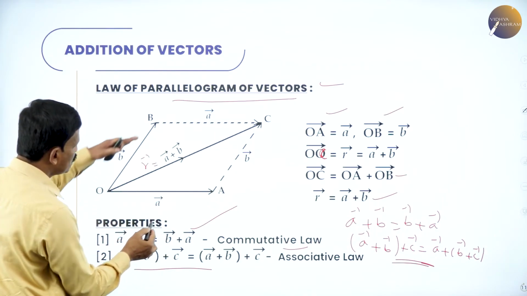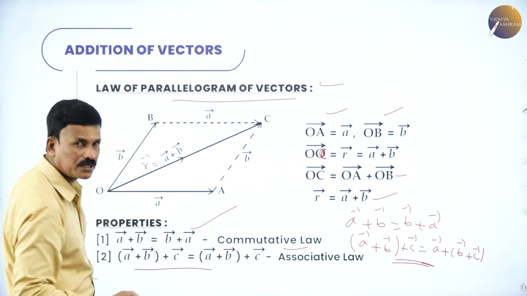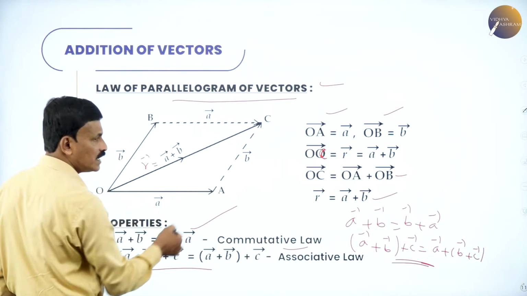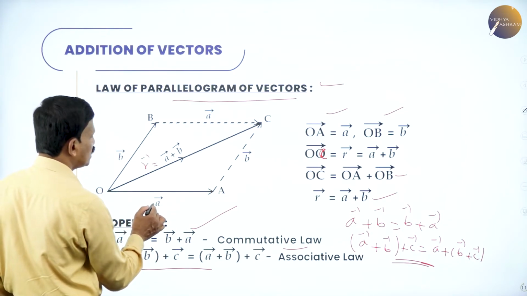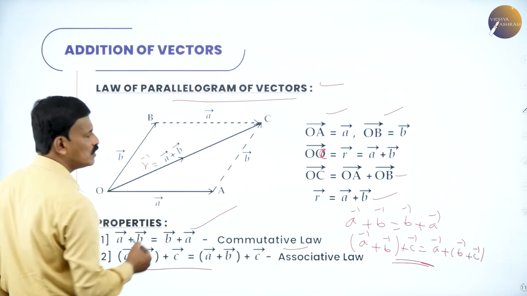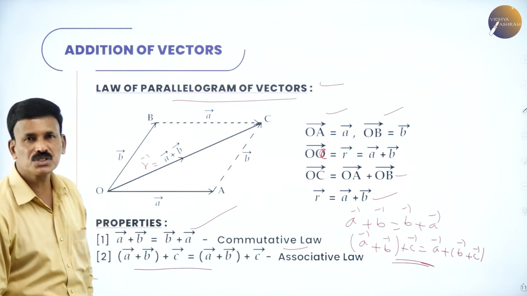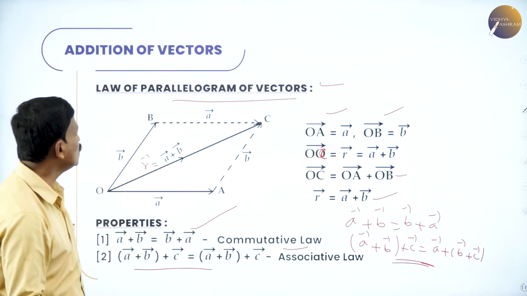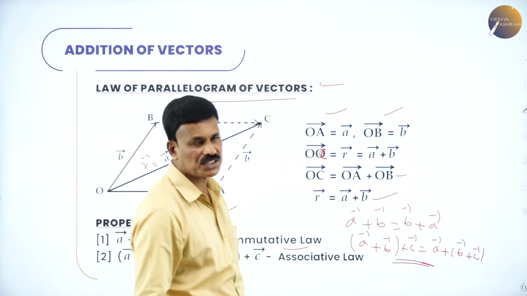Or even if we consider only this part, the triangle, the triangular law can also be applied as vector A plus vector B is equal to R. That is regarding the addition of vectors.